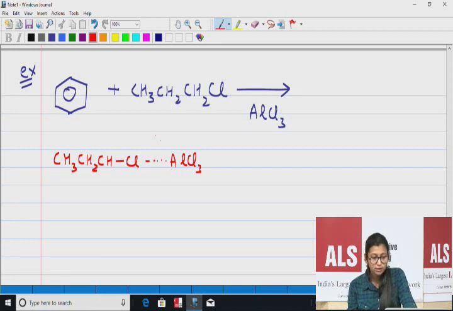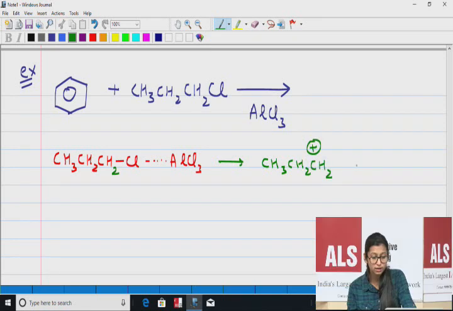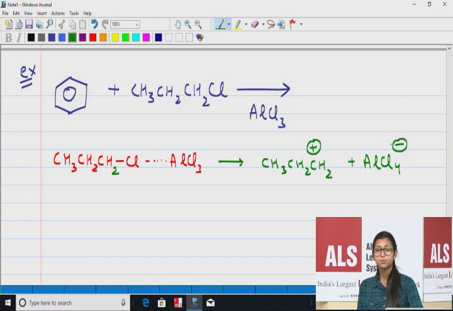Now, if this is the chlorine and this is the AlCl3, what will you do? You can make it like CH3, CH2, then we have a CH2 plus, and we will have an AlCl4 negative. Now, many of you have done it like this.